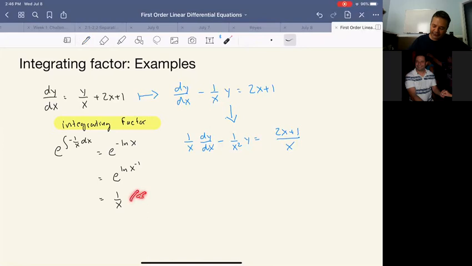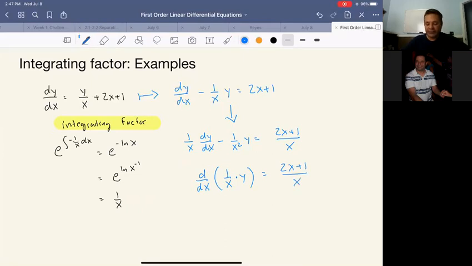Okay, so now, this was our integrating factor, right? 1 over x. Now we know by the way that the integrating factor works that this thing on this side is the derivative of 1 over x times y. Okay, so this is the derivative of 1 over x times y equals 2x plus 1 over x.